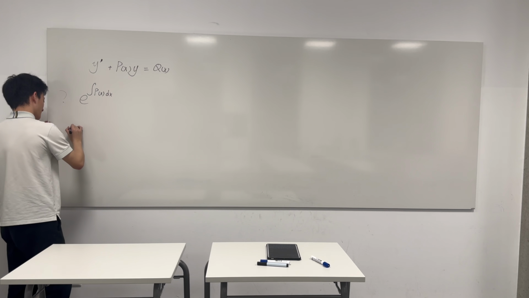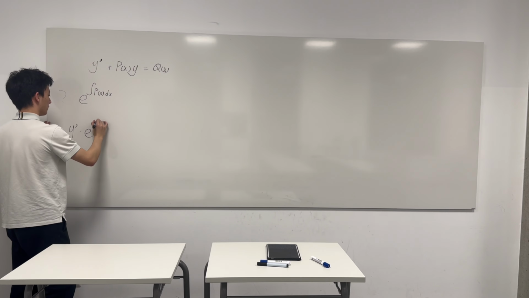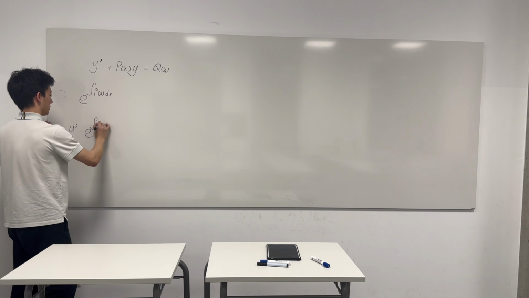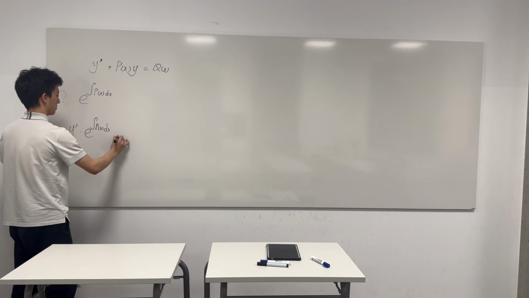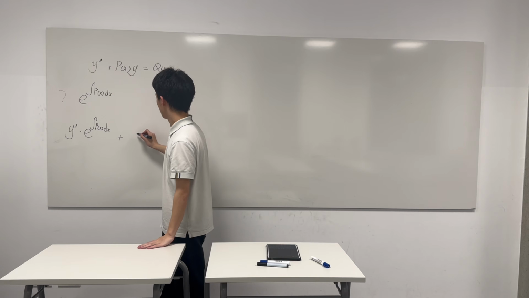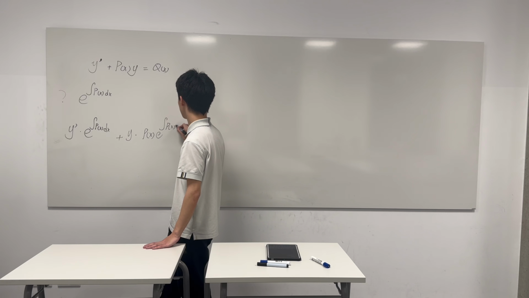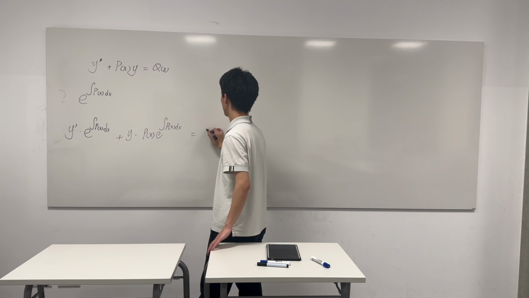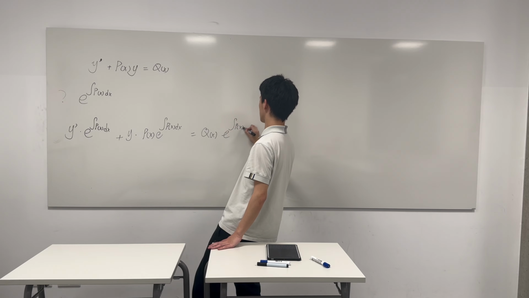Because look at this: y derivative times e to the power of indefinite integral of px dx, plus y times px e to the power of indefinite integral of px dx, is equals to qx times e to the power of indefinite integral px dx.